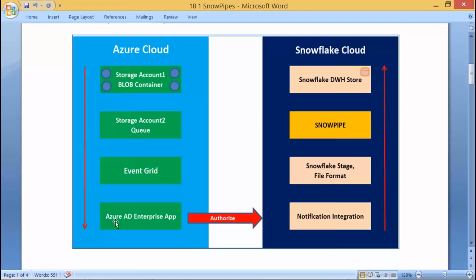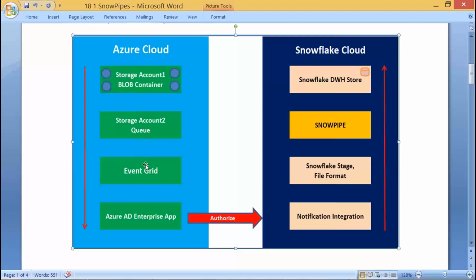Let's understand how to configure this entire prototype with two different clouds. Remember, storage container 1 and 2, one for storage account 1 and one for storage account 2. Storage account 1 is for the container, the actual data source. Queue it, give it to the event grid.